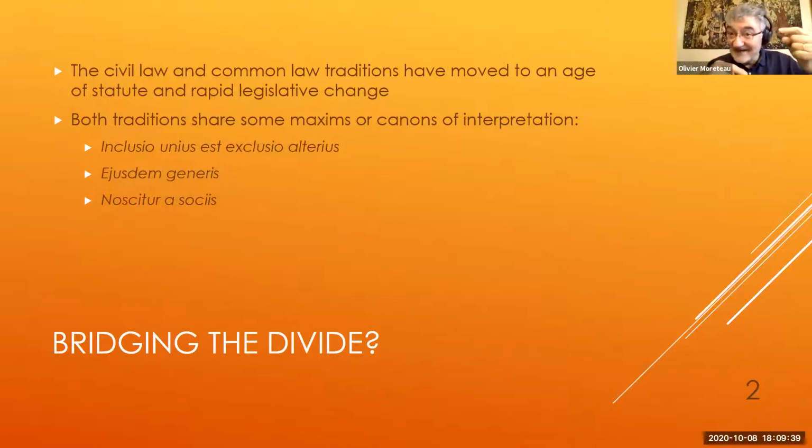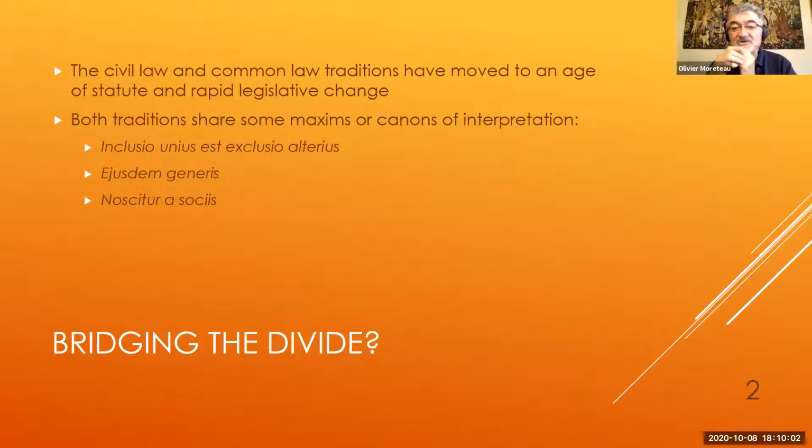And we live, by the way, in the civil law and the common law with the possible contradiction between these two canons of interpretation, and have to check whether the list is a closed list or an open list to know whether you have to use the first one or the second one. You have also the noscitur a sociis.